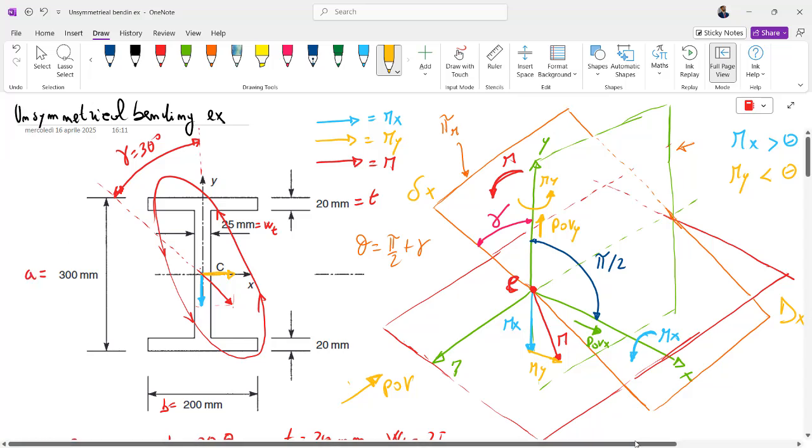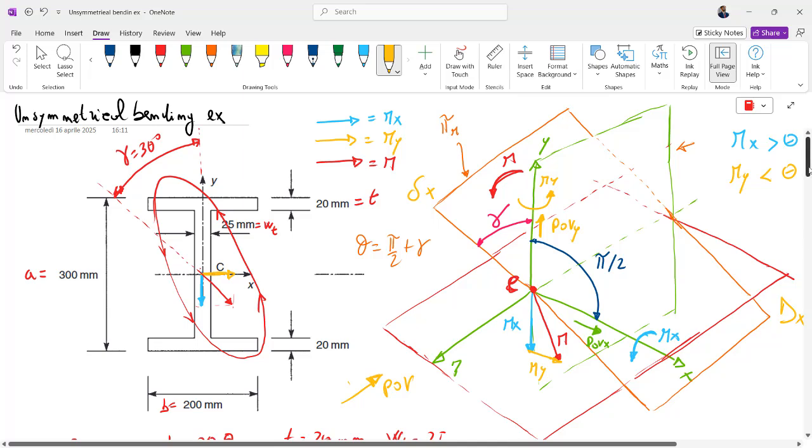So also here we have a trace of the action of the moment M, and we have the vectors Mx in light blue and My in yellow pen as said before.